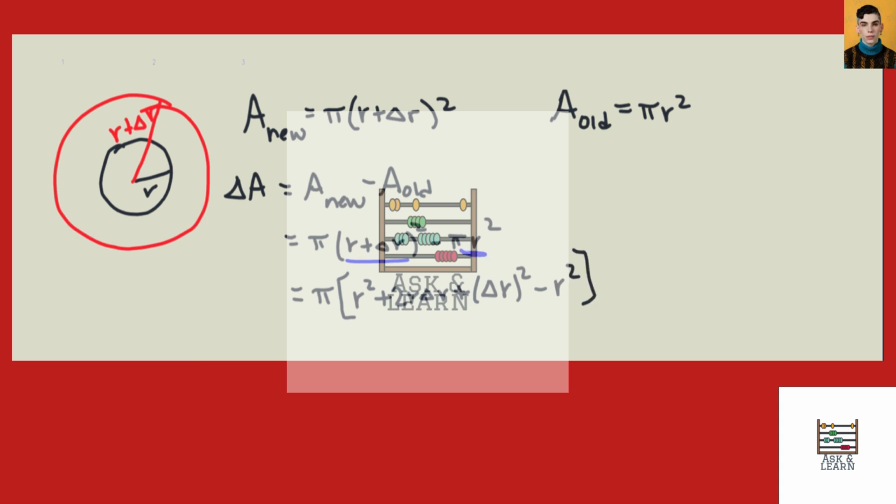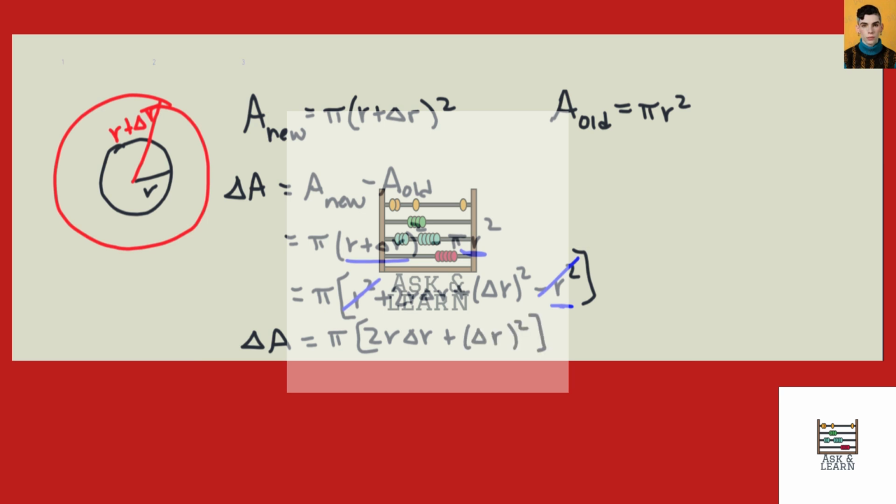The minus r squared comes from this last term; we factored out the pi earlier. Notice that we can cancel the r squared and the minus r squared. So what we have left for the change in area is pi times a quantity 2r delta r plus delta r squared.